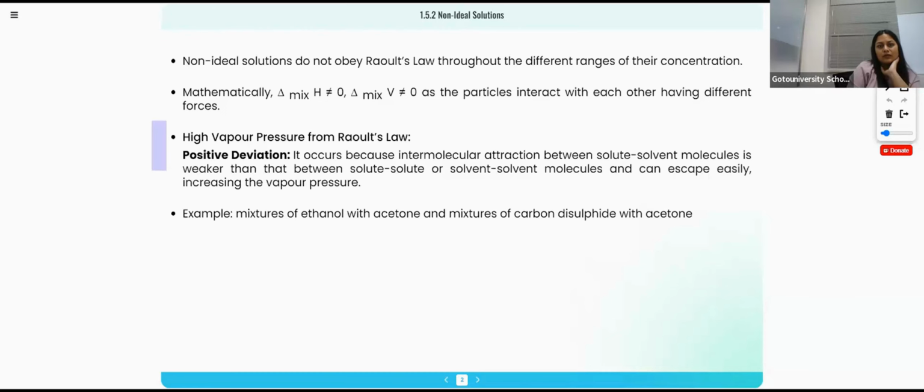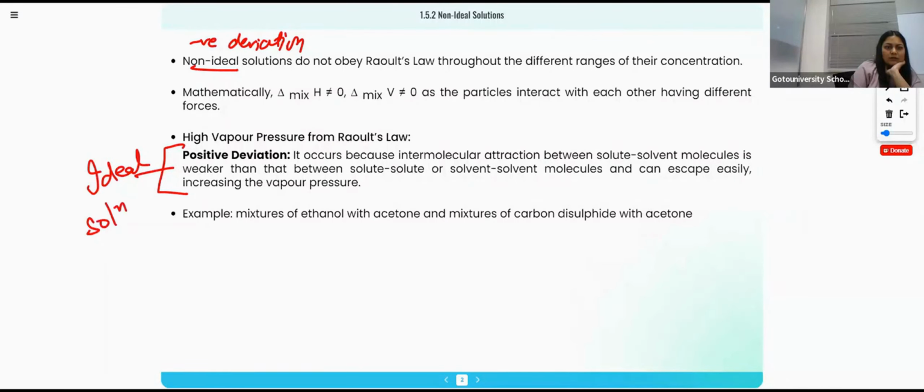Non-ideal solutions show negative deviation, and positive deviation is shown by ideal solutions only. Why? Because they obey Raoult's law.